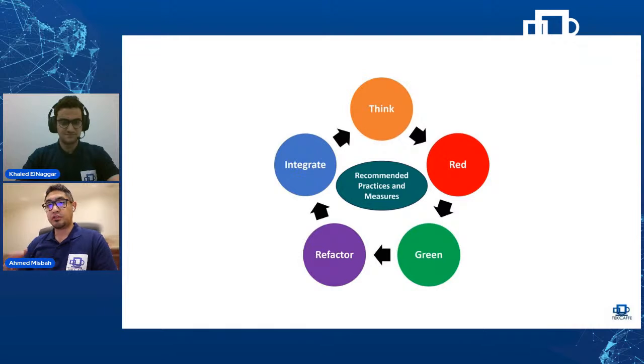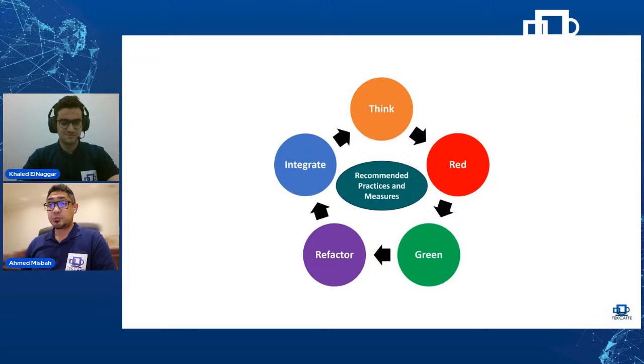And all of those are guided by recommended practices and measures. So we're going to be pulling cards from each one of these phases, and of course we're going to pick 1 or 2 cards at most from each phase, and every card is going to guide our TDD exercise.